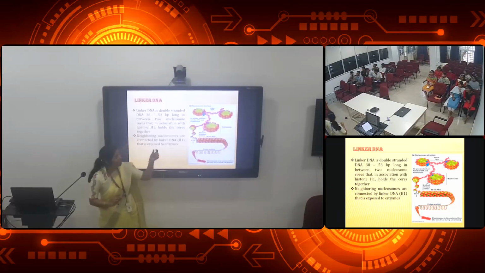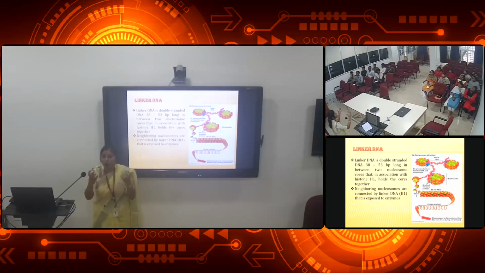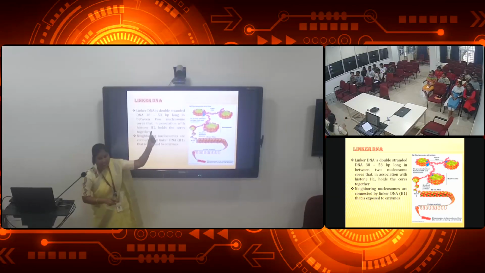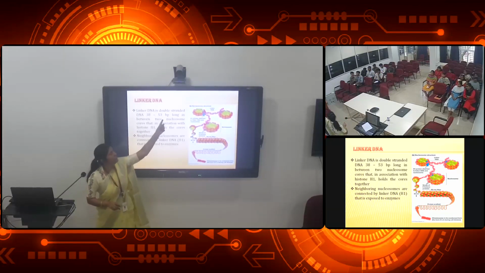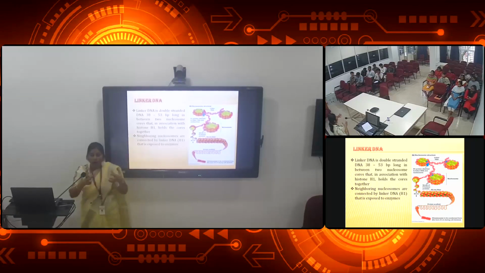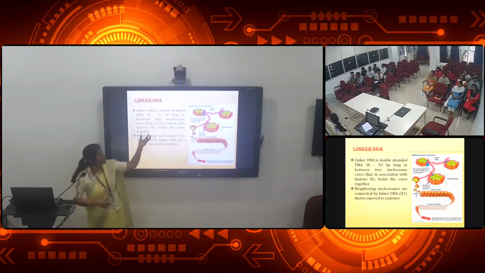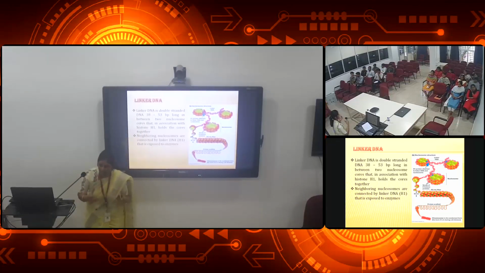Okay, so between the two octamers, or between the two nucleosomes, an additional 38 to 53 base pair long DNA strand is present. Okay, that is what we call the linker DNA.